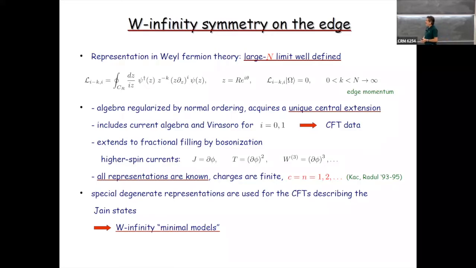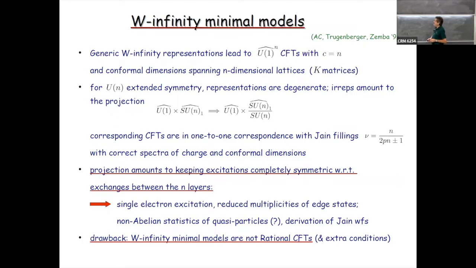Okay. So the point is that this double field on the edge is not completely trivial because there are these general representations. And it turns out that the general representations are in fact useful to describe the Jain states, the Laughlin and Jain states. So that brings me to these double infinity minimal models. The point is that, as I already said, in general the double infinity representations are just multi-component abelian conformal field theory with central charge equal to n.